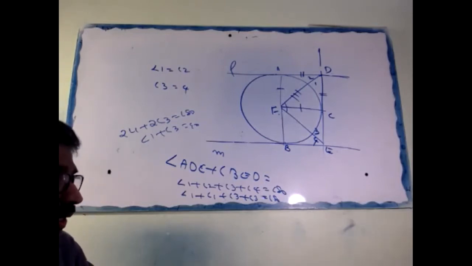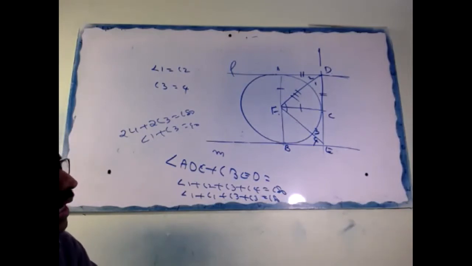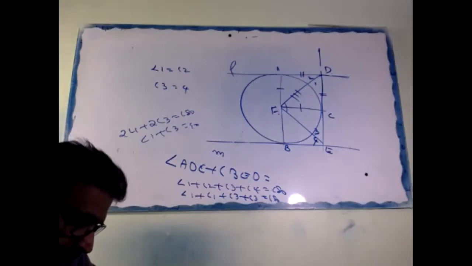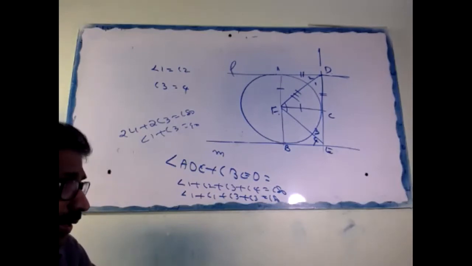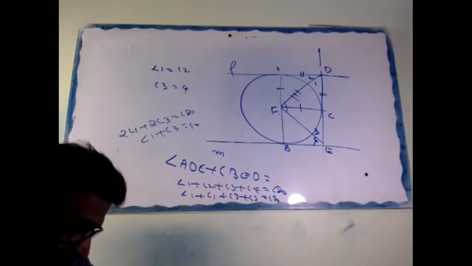Then in triangle DFE, angle 1 plus angle 3 is 90 degrees. Therefore, angle DFE is 90 degrees, by the angle sum property of a triangle.